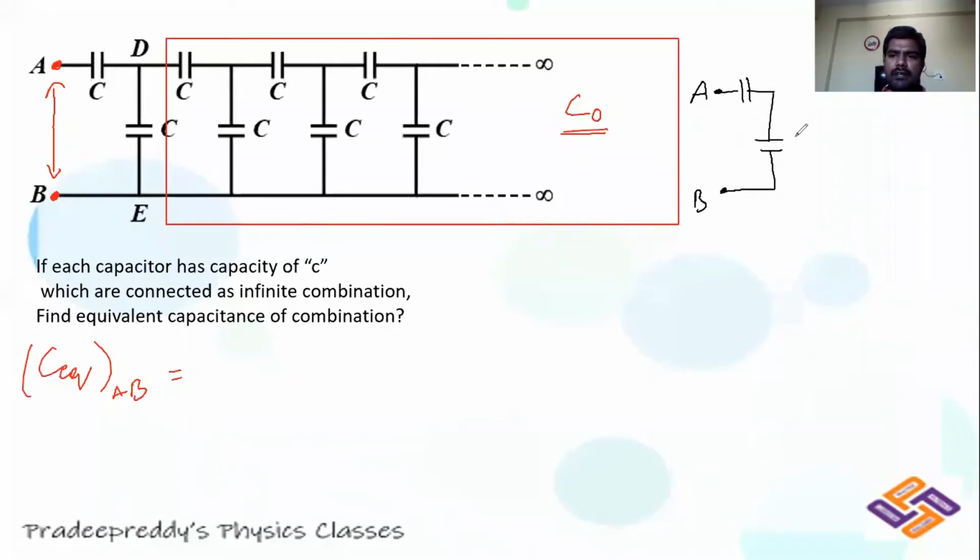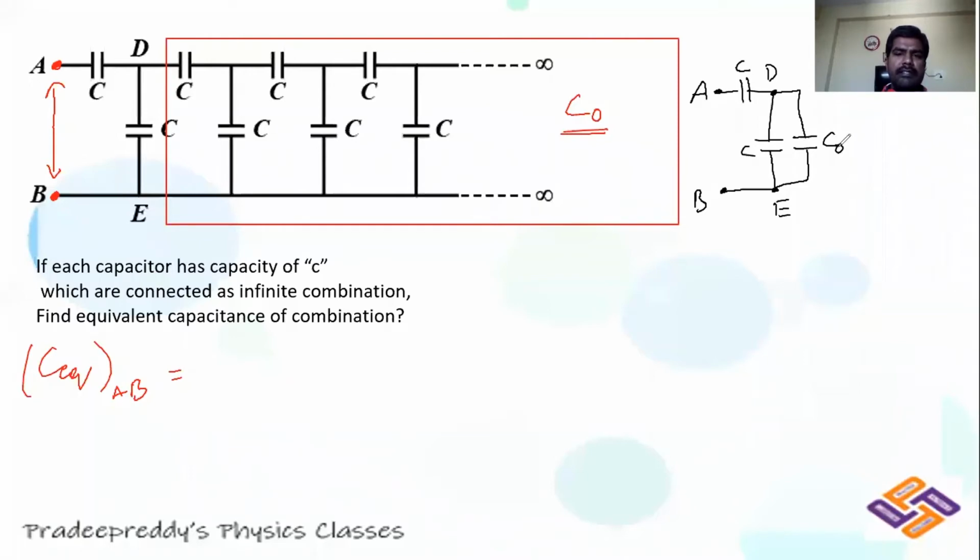This is the effective capacitance of the remaining circuit. Its capacity is C and its capacity is C. Here it is already denoted that this point is D and this point is E. As the total effective capacitance of the infinite number of capacitors connected in the circuit, I am considering it as C naught.